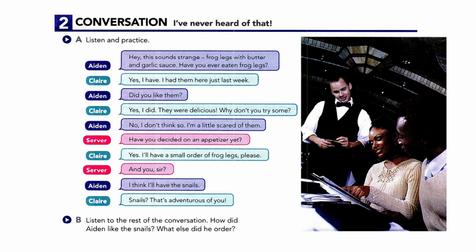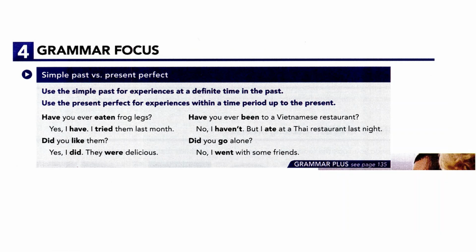The idea is to properly employ the question have you ever, and what better way to use it than with things like this. It's a perfect question. Have you ever eaten frog legs or snakes or snails? Something that is weird, and we want to know if maybe once in your life that experience happened.